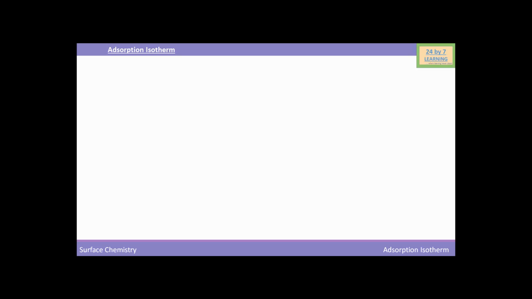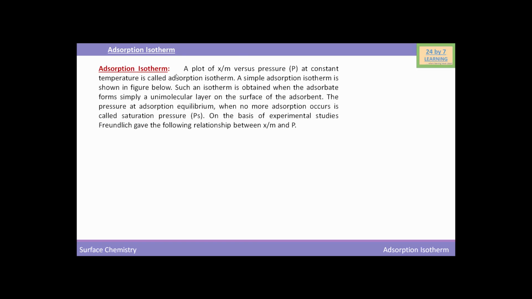So the relation between the amount of the substance adsorbed by the adsorbent and the equilibrium gas pressure at a constant temperature is called adsorption isotherm. A plot of x by m, that is extent of adsorption, versus pressure at a constant temperature is called adsorption isotherm.